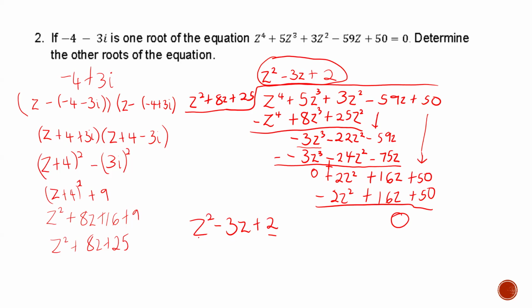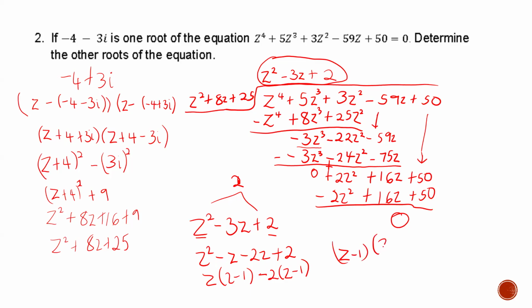So this is z squared minus, get the factors of 2, which give us minus z, minus 2z, giving minus 3z, and plus 2. Then we get z into z minus 1, minus 2 into z minus 1, then we have z minus 1, z minus 2, correct.